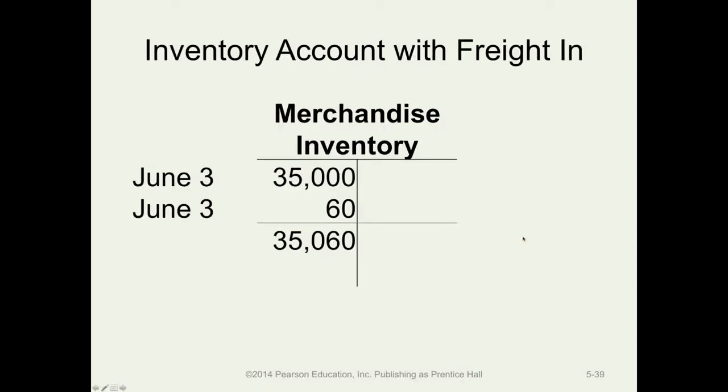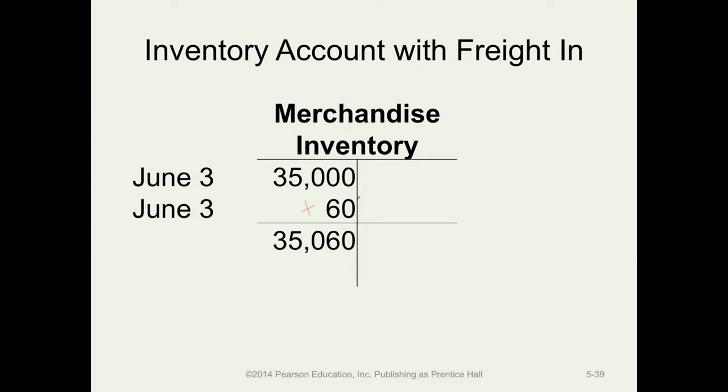So if we look at the T accounts now, the way this is being built up, we've got the original invoice price plus what we consider to be reasonable and necessary to have the inventory in place and ready for its intended use. We add this to the merchandise inventory under the theory that the freight enhances the asset value because it brings the inventory to a location that is needed for sale.